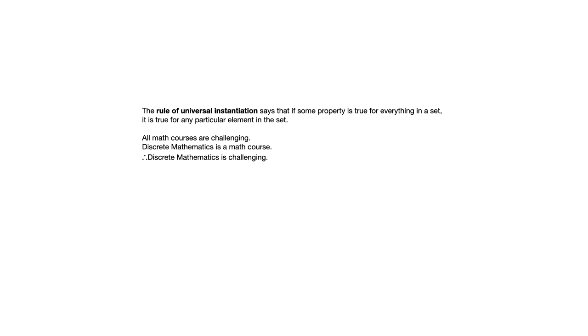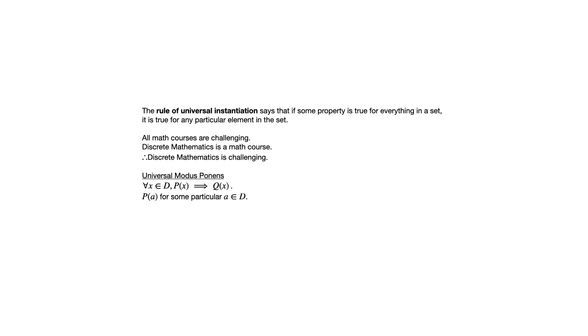And so if that first premise applies to all courses, then, and we move to the second premise, and now we're talking about a specific course, which happens to be a math course, then universal instantiation says, well, if that first premise is true for all courses, then it's true for this particular course. Okay, that's where universal instantiation comes in, because we kind of shift from the general to the specific. And then the conclusion is discrete mathematics is challenging.